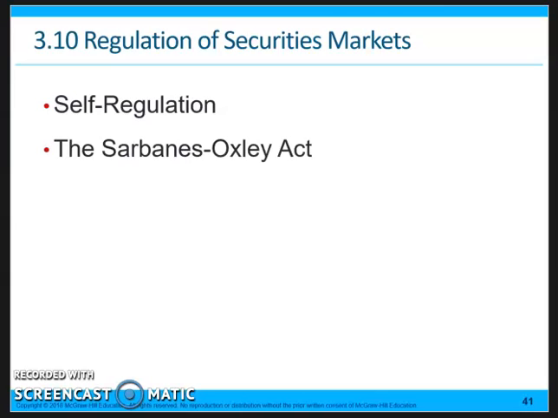Those are certainly impacted by Sarbanes-Oxley, which was passed in 2002 as a direct result of activities that took place during and prior to the tech bust in the late 90s, early 2000s.